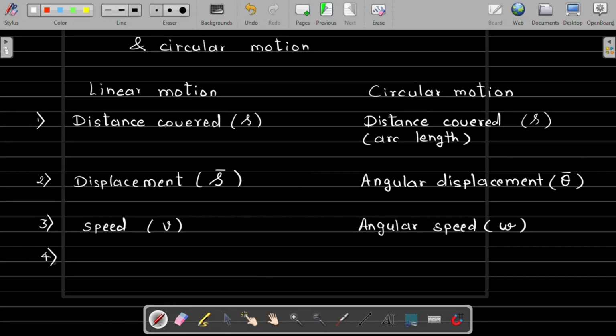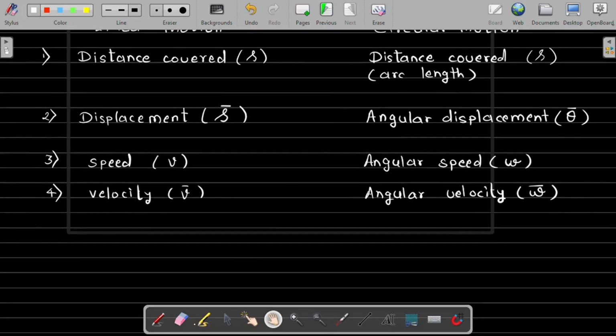Fourth is velocity. This is V bar, and this is angular velocity, that is omega bar. Then fifth one is acceleration.